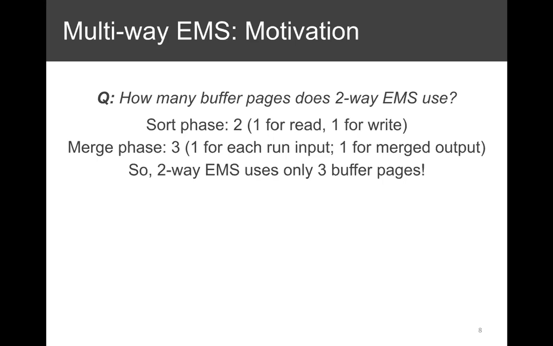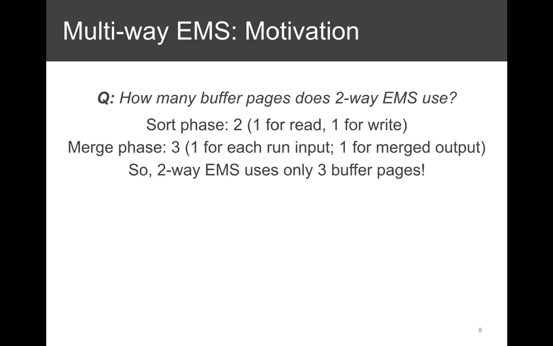For the merge phase, you can make do with just 3 buffer frames. You need 1 frame to read the first run, 1 frame to read the second run, and 1 frame to store the merged output as and when you fill it, you flush it to disk. So the two-way EMS effectively uses only 3 buffer frames.